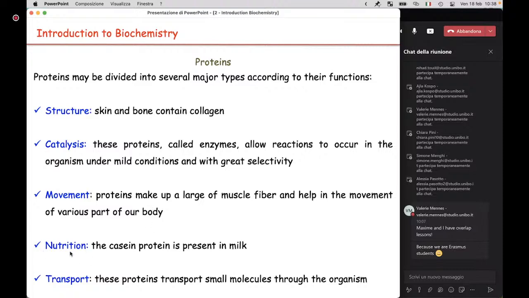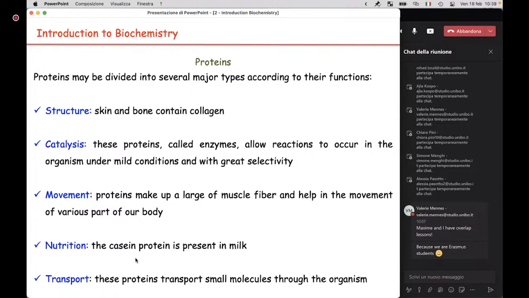Nutrition. Some proteins are a reservoir of nutritional elements. Okay, so for example, in milk, human or cow milk, we have a protein which is called casein, and casein has no specific function other than providing amino acids for the baby, let's say.